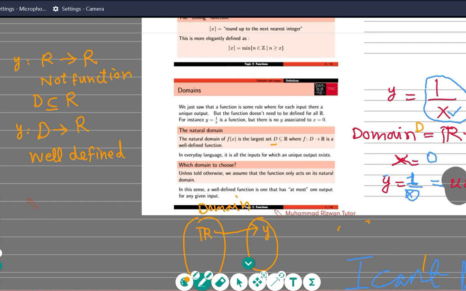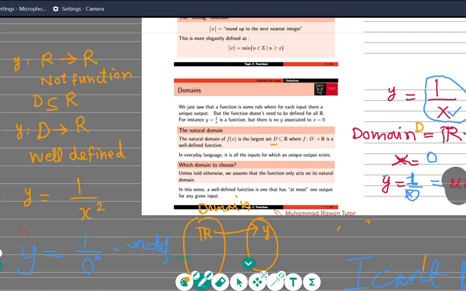You should remember. I am writing the function y equal to 1 over x square. Can you write it? What is its domain? You should think at which value you are getting undefined. So you cannot take 0, right?